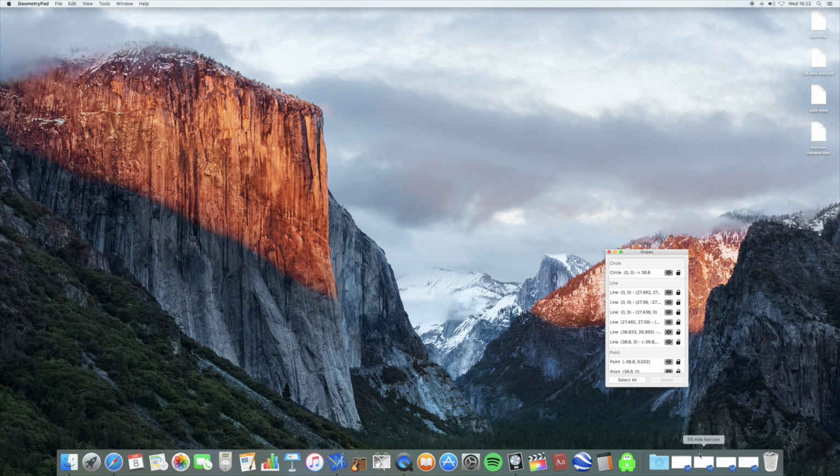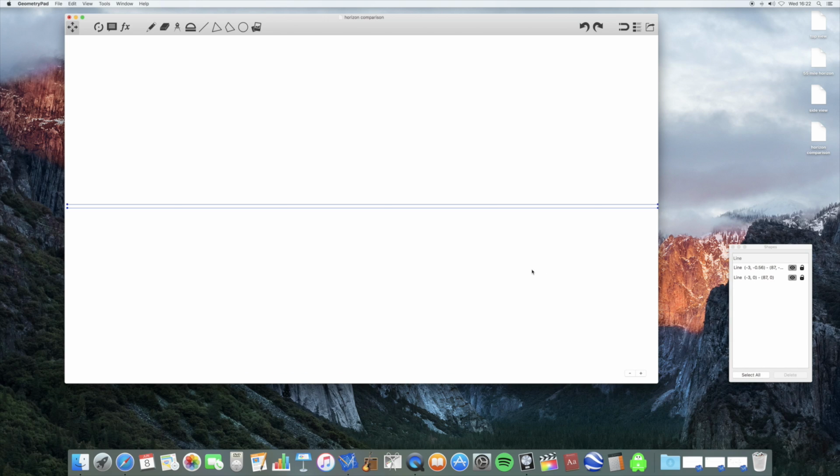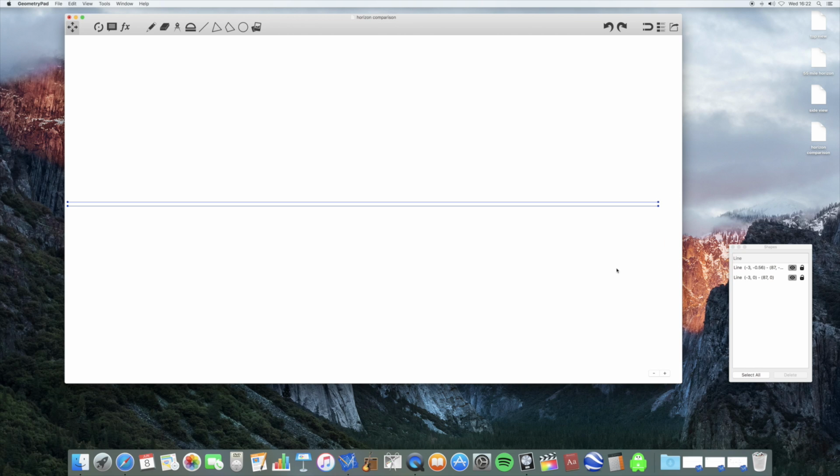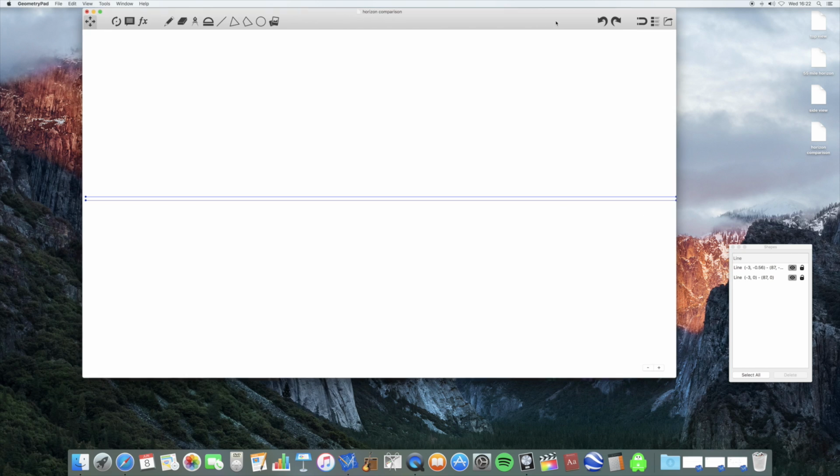So if we imagine what that photograph will look like, here's a comparison of the two. So these two lines have got a length of 90 units, and I've placed them 0.56 units apart.